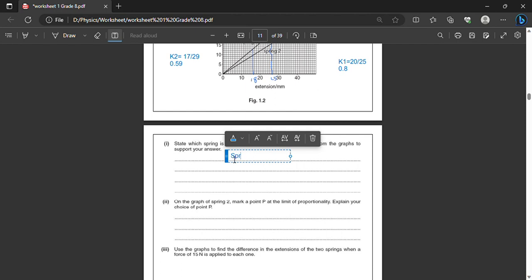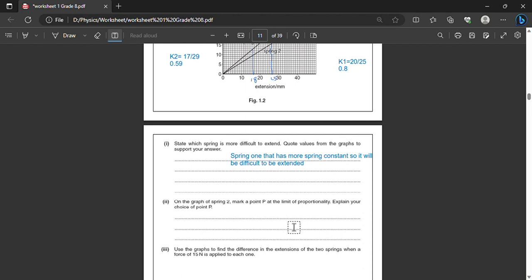So in this case, spring 1 has the higher spring constant value, so it is difficult to extend.